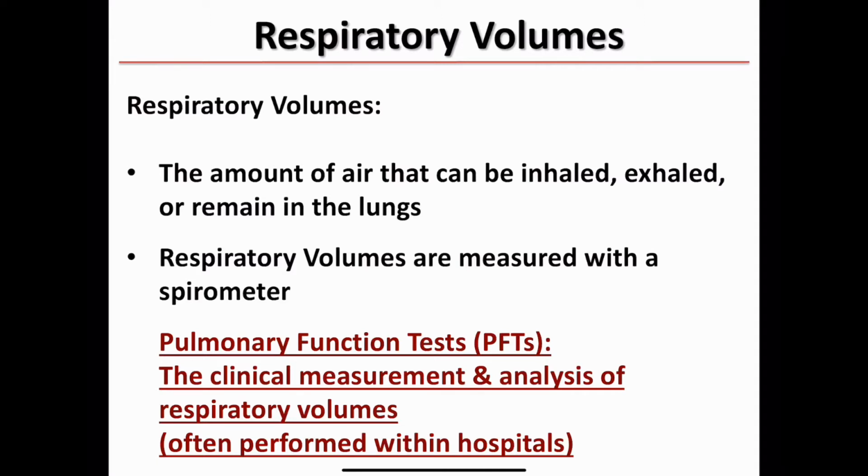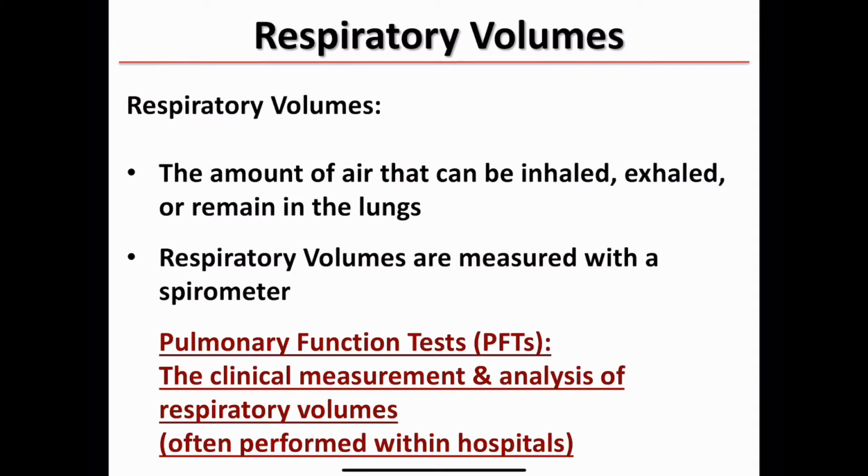That's why we bother differentiating between them, giving them rather elaborate names: we can analyze these lung volumes and make certain types of prognoses as far as patient outcomes are concerned. By the way, respiratory volumes are the same thing as lung volumes. When we say lung volumes, we're saying respiratory volumes, and vice versa.